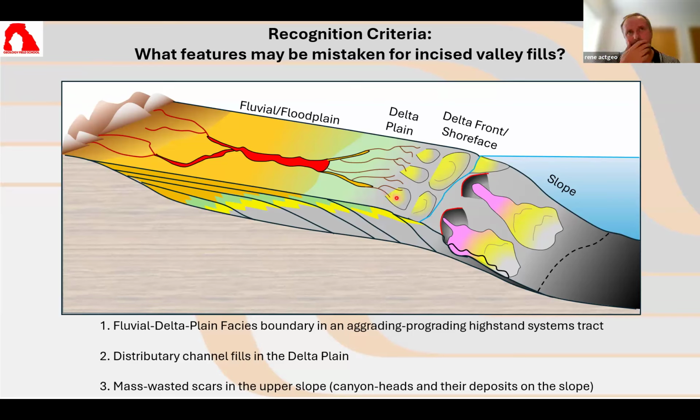The last one that people sometimes mistake for incised valleys or sequence boundaries is large mass-wasted scars in the upper part of the slope. We can get big canyons that can be backfilled with coarse clastic material. They can give the impression again of having truncation and onlap, but they're not associated with relative sea level fall and an incised valley on the topsets.